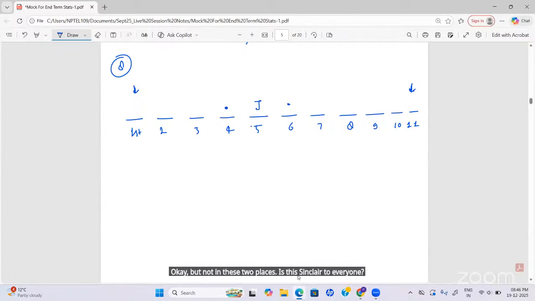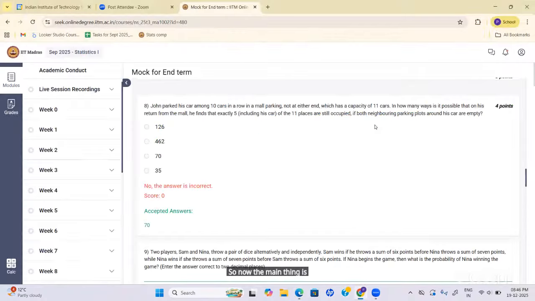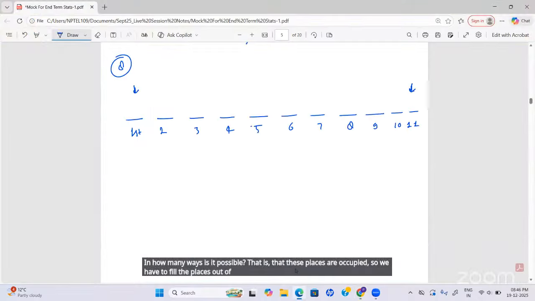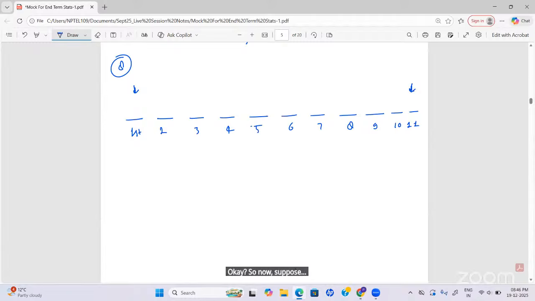What the last line says? Yes, ma'am. So now the main question is, in how many ways is it possible that these places are occupied? We have to fill the places out of these 11 places. Suppose he is parking his car here, then these two places will be empty.